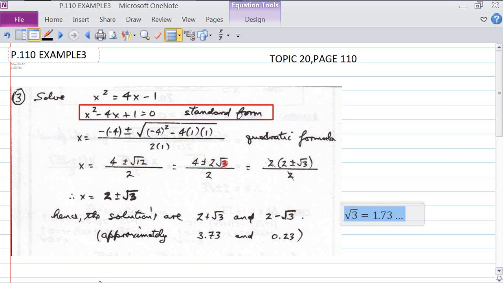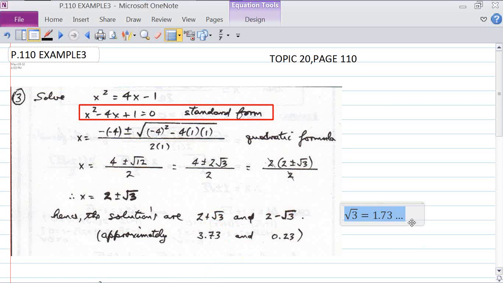So we're left with root 3. Can factor out 2 from the top. 2 times 2 gives you 4. 2 times plus or minus root 3 gives you plus or minus 2 root 3. The 2's cancel here and here. One of the answers is 2 plus root 3, and one answer is 2 minus root 3.